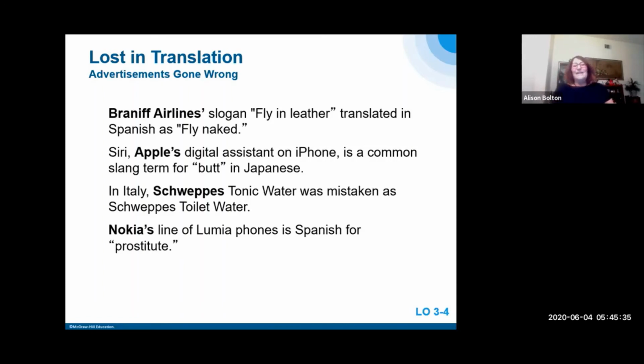In Italy, Schweppes, which is a tonic water, was misinterpreted as "Schweppes toilet water." And Nokia's line of Lumia phones is Spanish for prostitute. See how this can go bad?